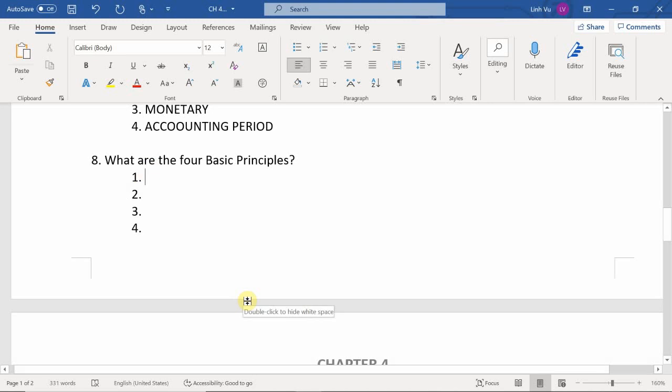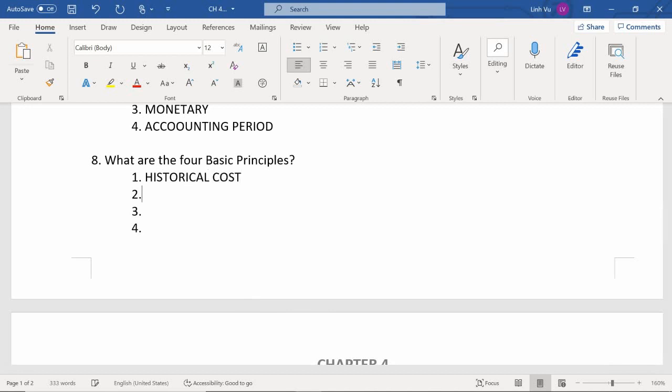What are the 4 basic principles under GAAP? Historical cost. Good. Revenue recognition.